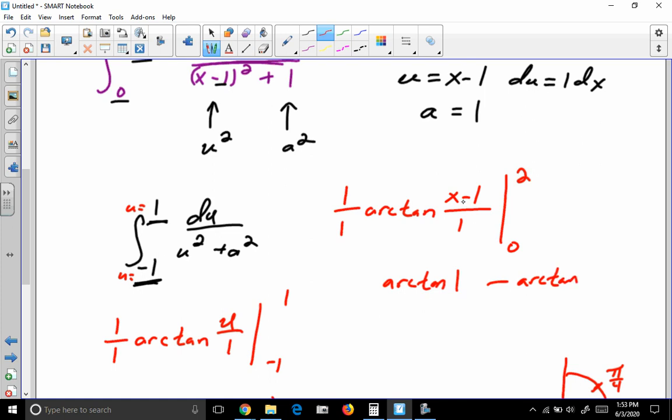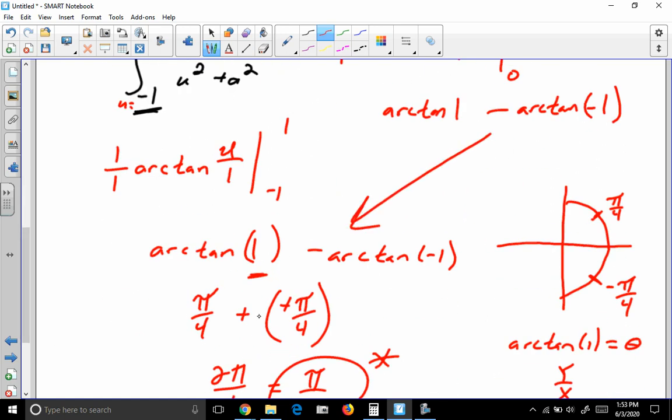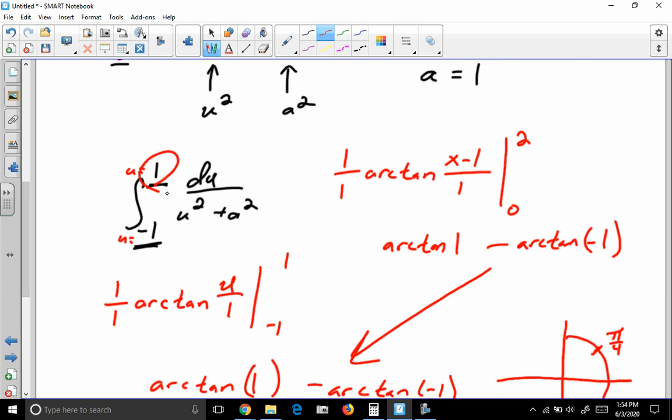If we put a 0 in, 0 minus 1 is negative 1, so we would be taking arc tangent of negative 1. Same thing we ended up doing down there. So you can either change your limits to u's, or you can get your antiderivative, change it back to x's, and then plug in your x values.